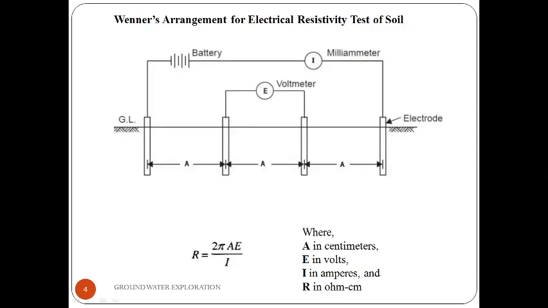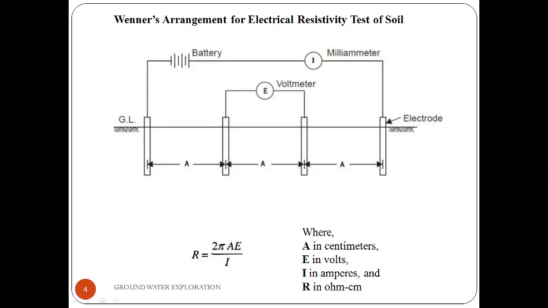This whole setup is called Wenner's arrangement or configuration. It consists of four electrodes, that is, two outer electrodes and two inner electrodes.